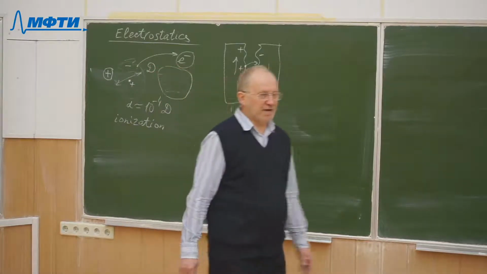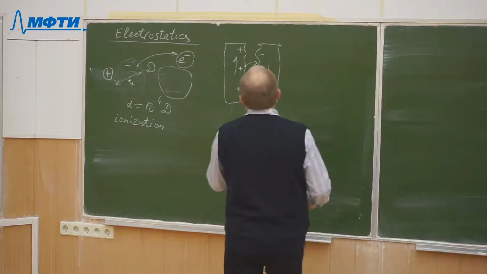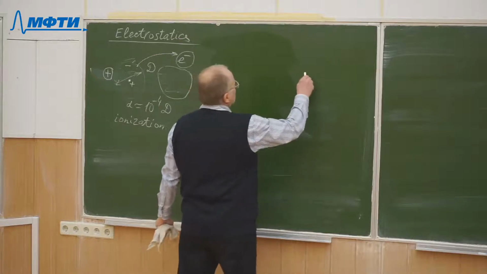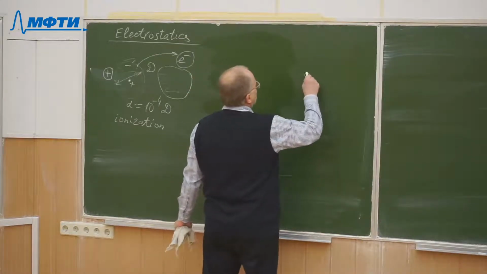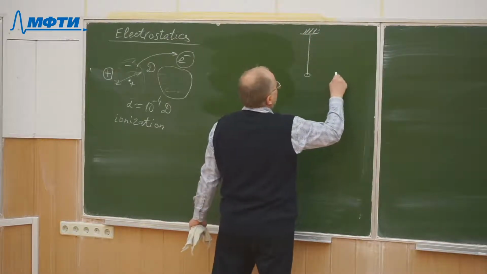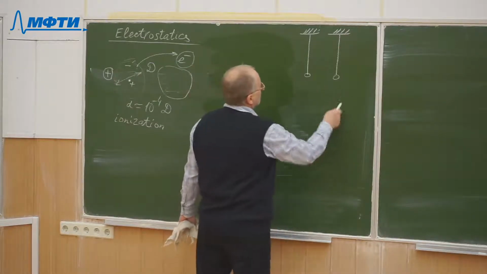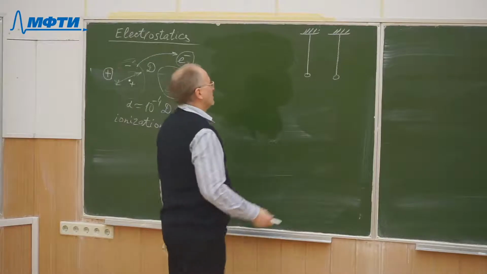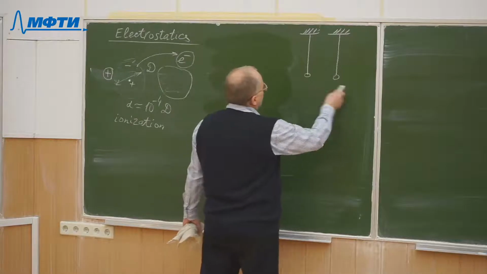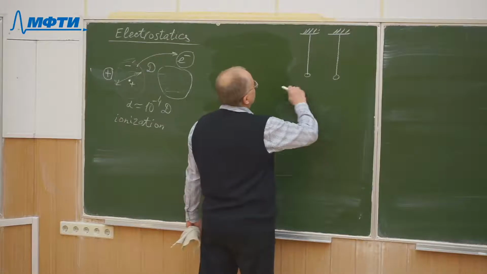So in this way, if we electrify a small ball which hangs on a silk thread, and another similar small ball on a silk thread, in a similar way, and they obtain similar charges, we say like charges, then we will observe that these two balls hanging on the threads will be repulsed from each other.